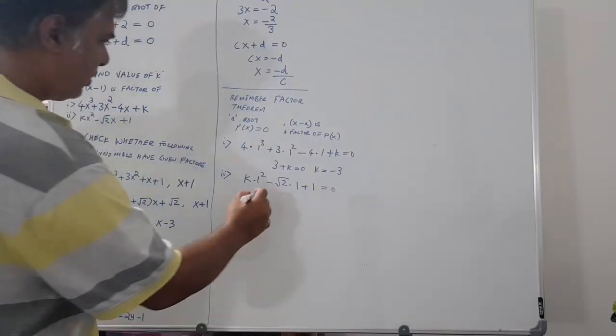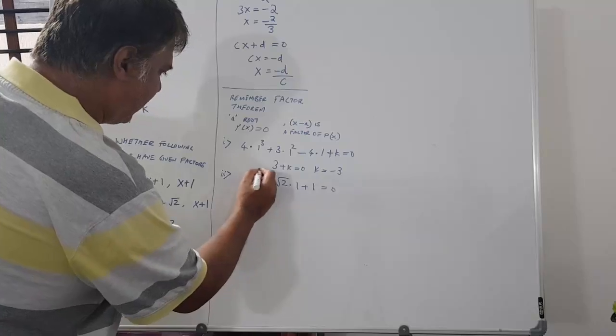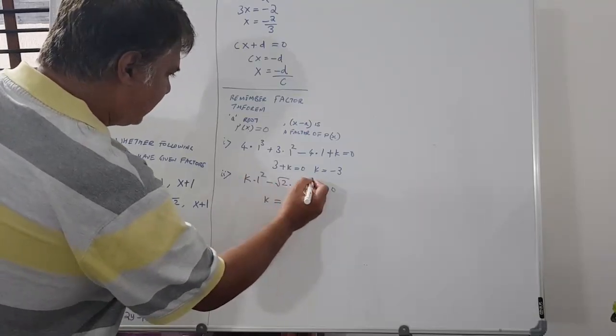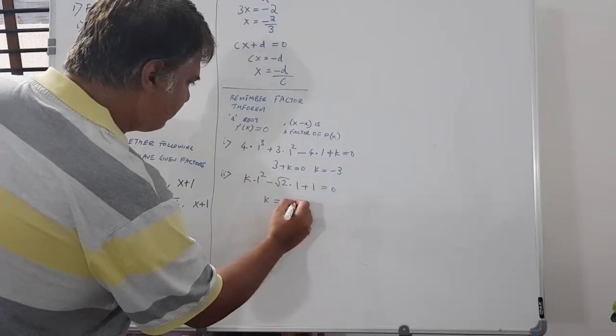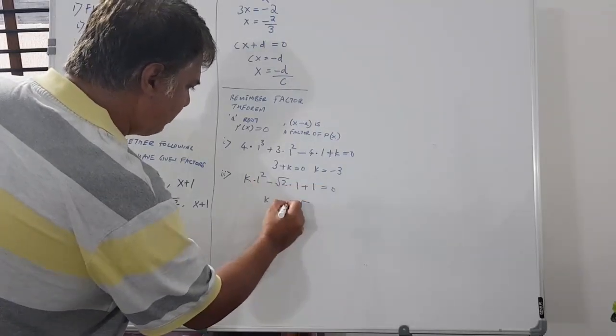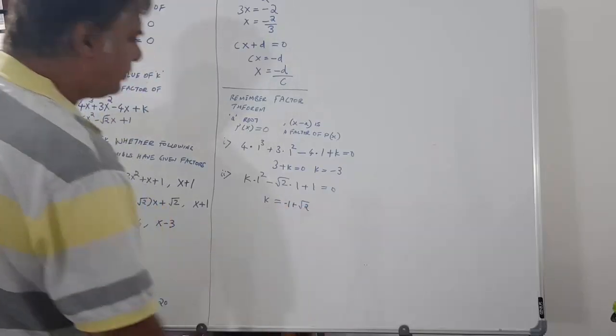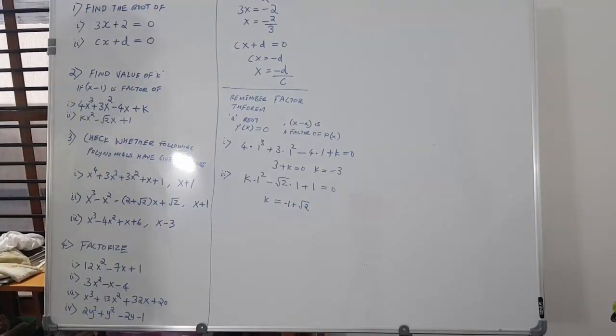Okay. So if we take everything to that side, k into 1 squared is nothing but k, and you get 1 minus. So this minus will become plus, this plus 1 will become minus, so minus 1 plus root 2. So minus k is minus 1 plus root 2.